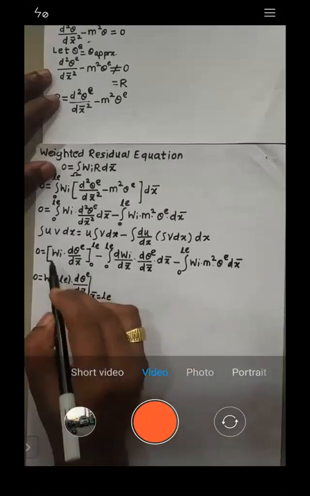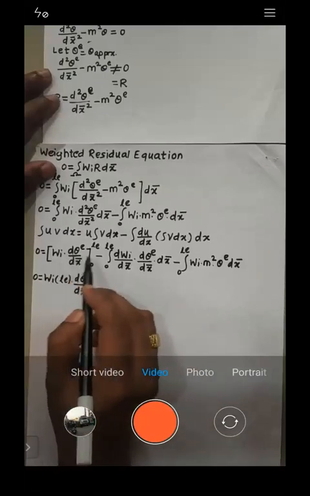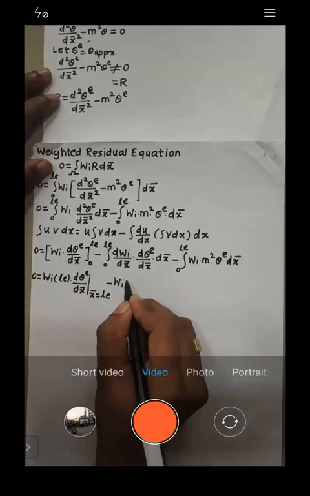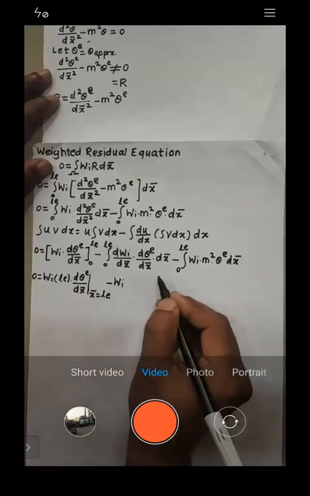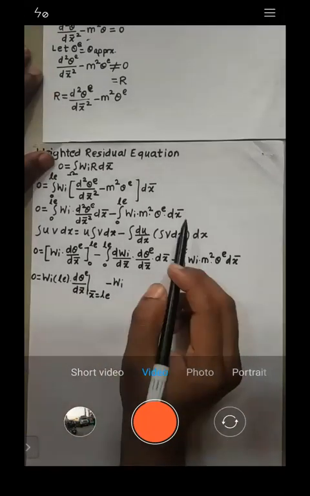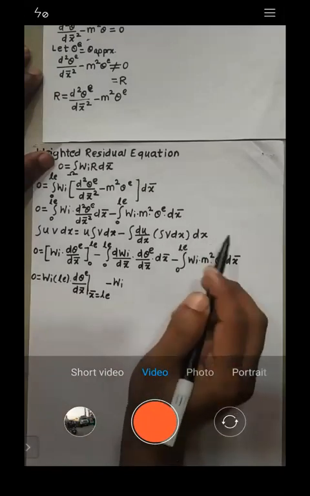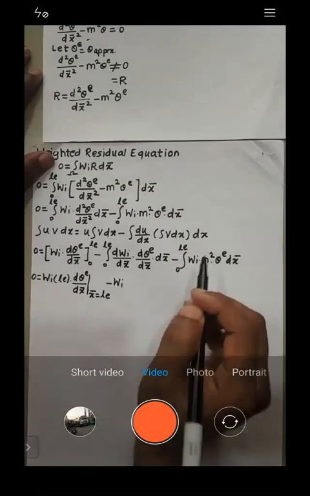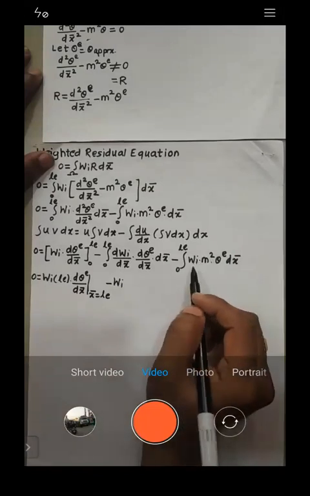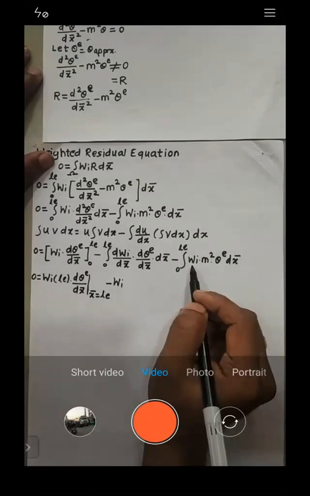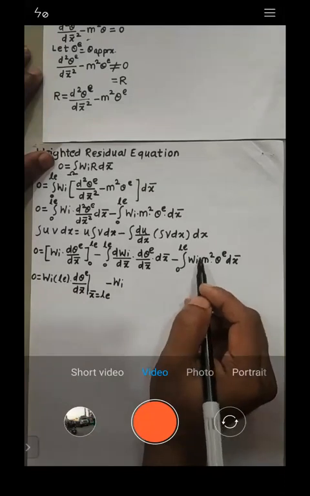Minus. Sir, why do you integrate only the first? See, because of the second one, right. See, why I'm not doing the integration of this one? This equation I can solve. See, because what you have is the weight function. Okay, so you know the weight function.